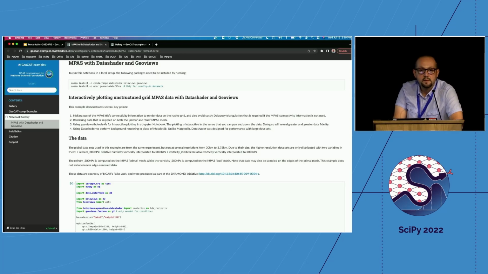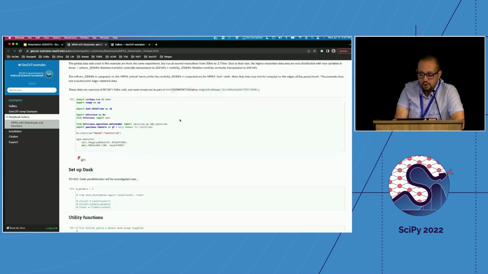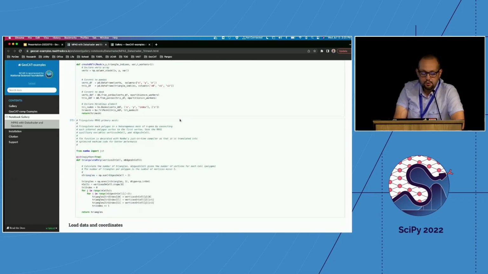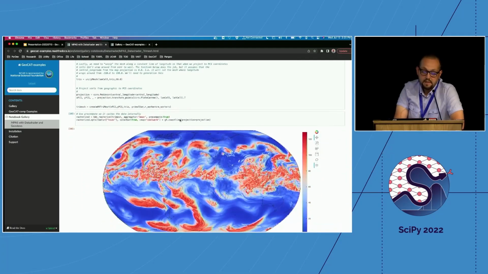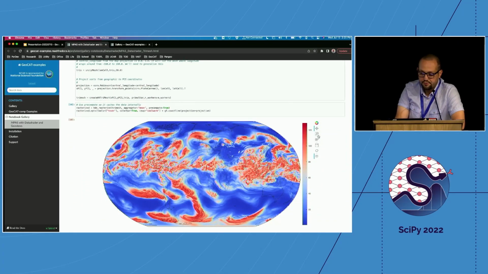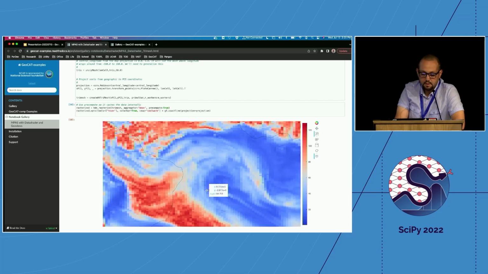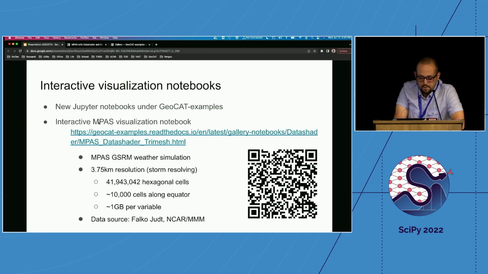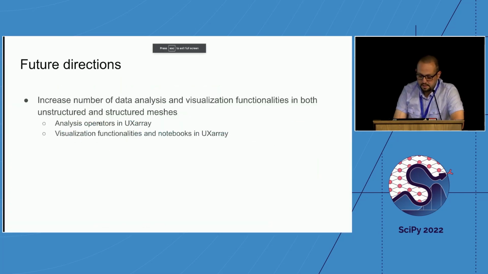That high performance is coming both from the Datashader stack as well as the fact that we are making use of connectivity information instead of using the costly Delaunay triangulation as would be required in the Matplotlib stack. So I would highly recommend the interested folks to have a look at this one. And with the help of the Datashader stack, it is also interactively accessible. Turning back and speeding up in the last 1 minute.